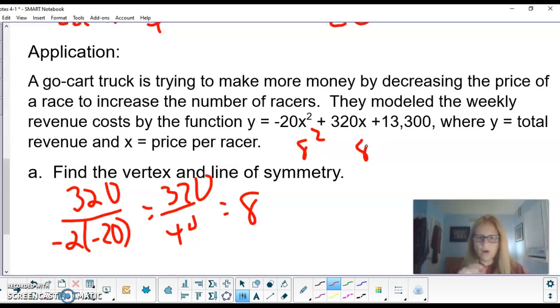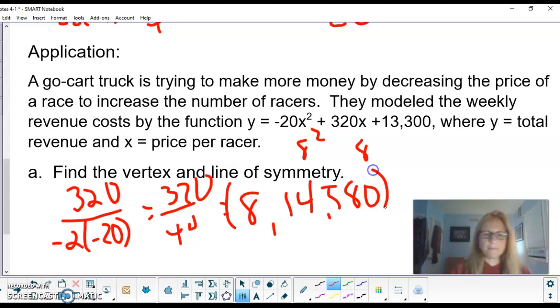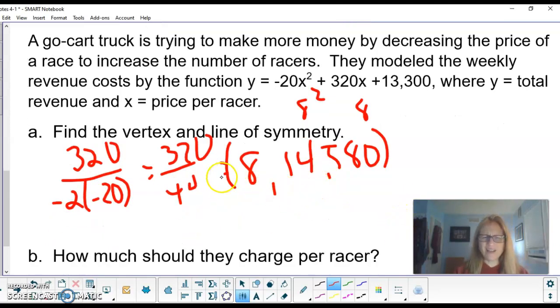And when we plug that all into a calculator, you get 14,580. All right. So there's your vertex. So what's our line of symmetry? Remember, our line of symmetry goes through the vertex, and it's x equals whatever that b over -2a is. So that is our line of symmetry.